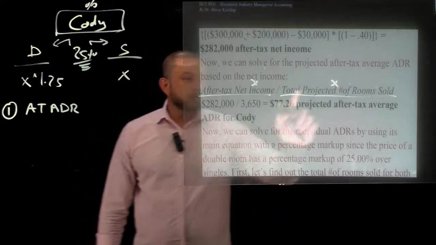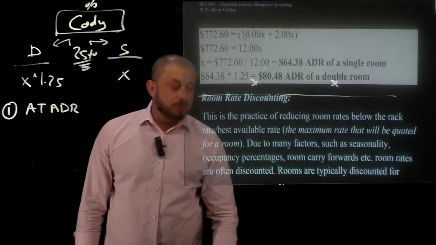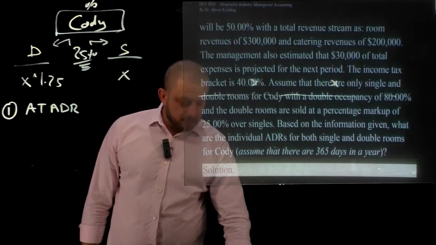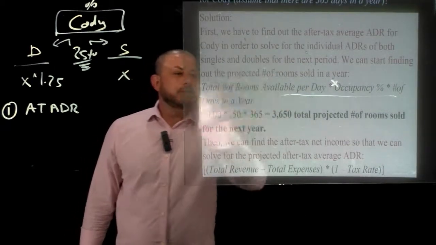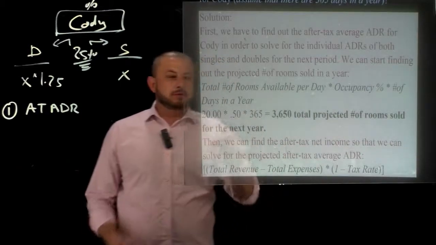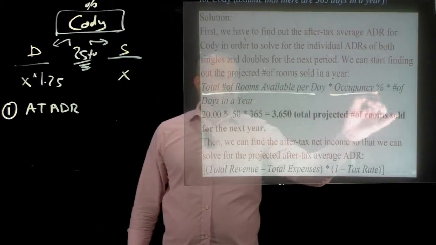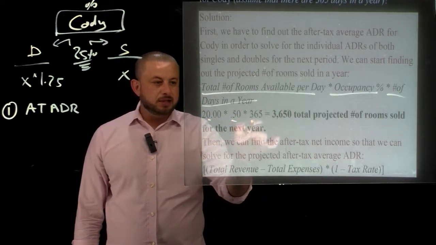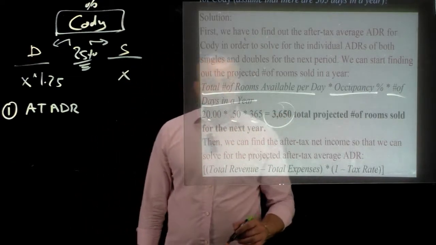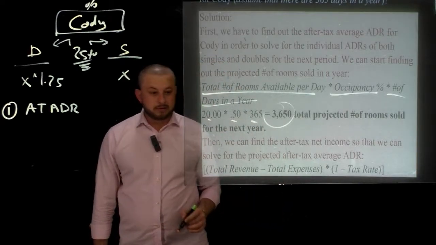So total projected number of rooms sold is the easy one because if I take the number of rooms available per day, multiply by occupancy percentage, and then multiply by days in a year, which is 20 multiplied by 50% multiplied by 365, I will have 3,650 rooms sold, okay?